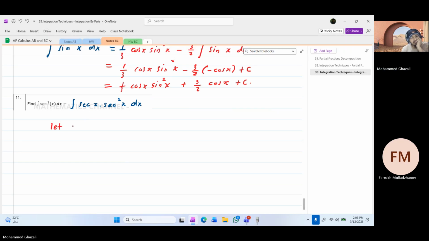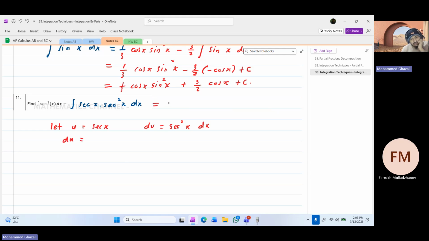Let u equal sec x, try to use integration by parts now. So dv is equal to sec squared x dx, right? So what's the derivative of u?